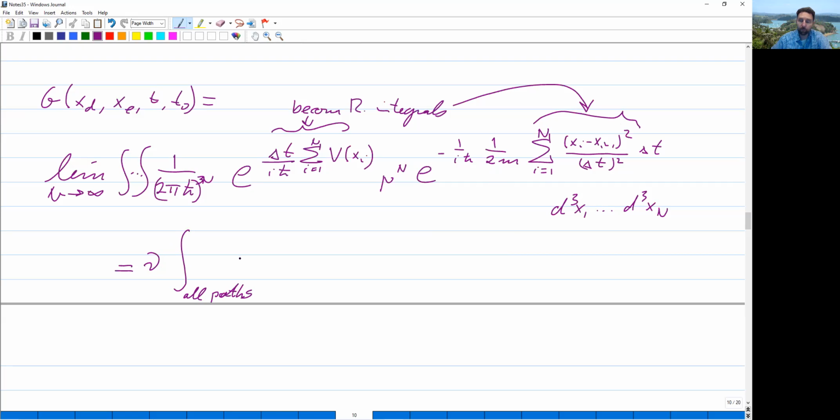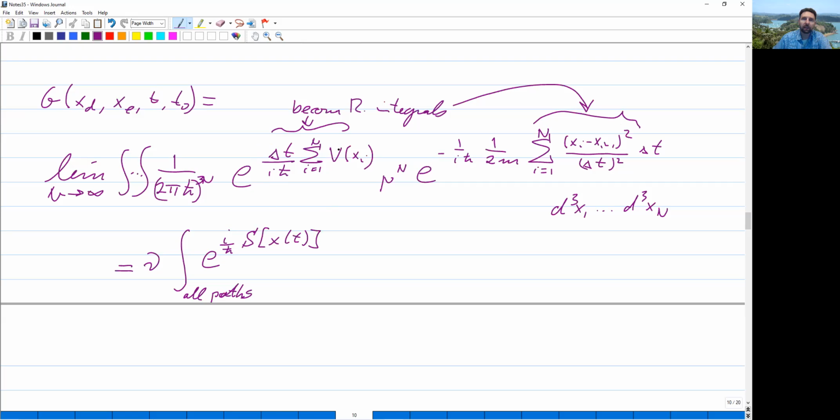So what we obtain here is e to the power of i over h bar. That's from here. See, this is i over h bar, and here then this is minus i over h bar. And here we have something that we call the action.